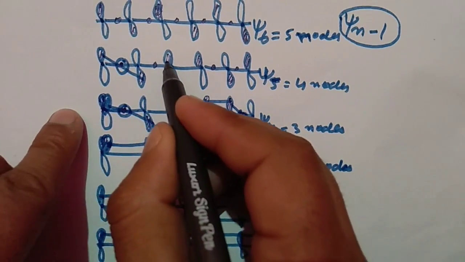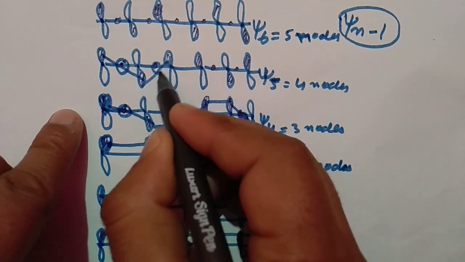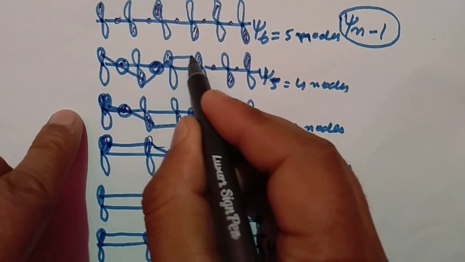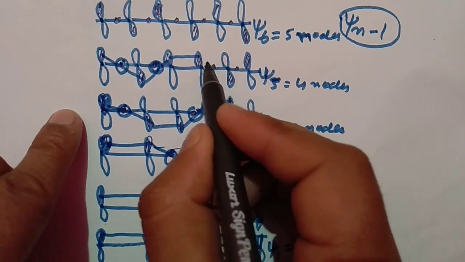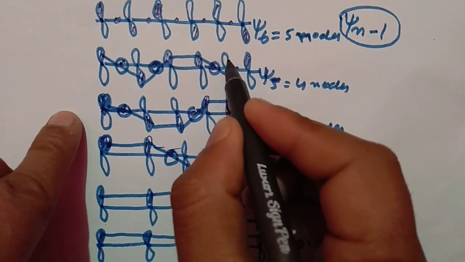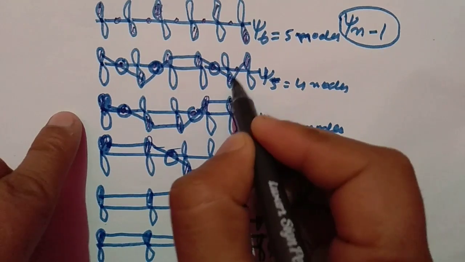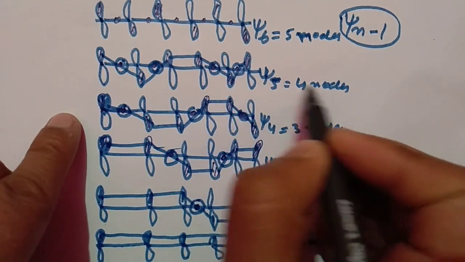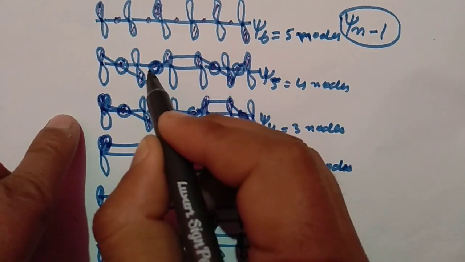Now psi 5. Different lobes, one node. Different lobes, one node. Same lobe, no node. Different lobes, one node. Then different lobes, one node. So four nodes: 1, 2, 3, 4.